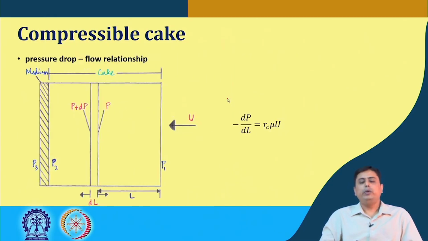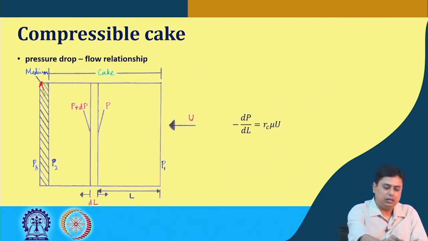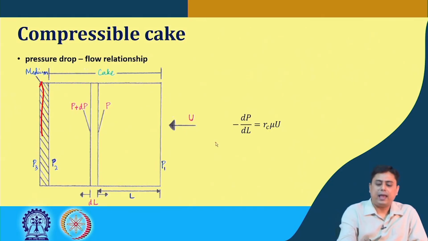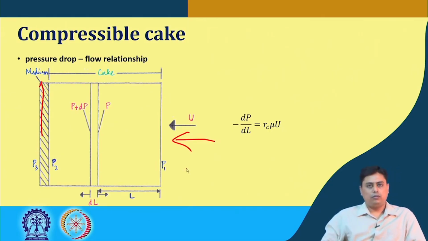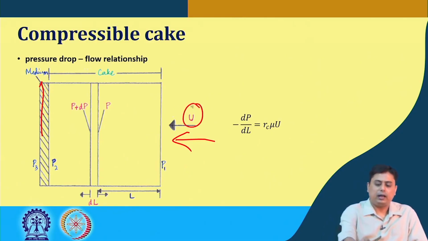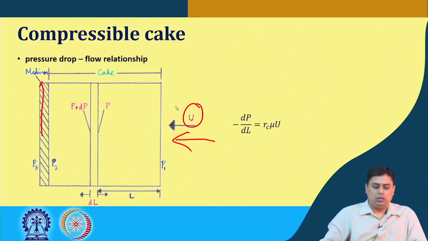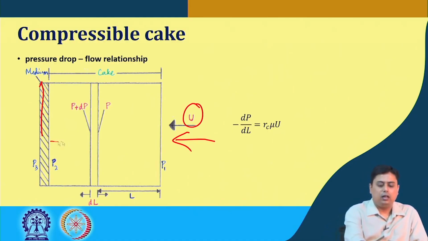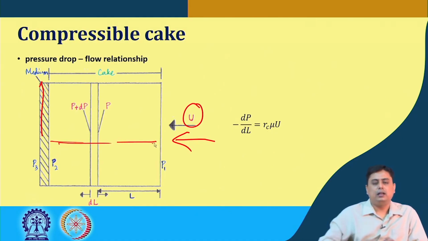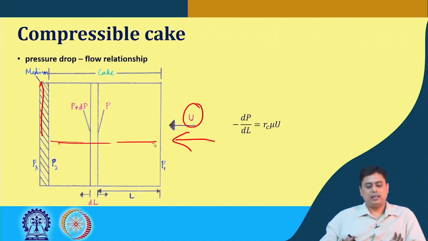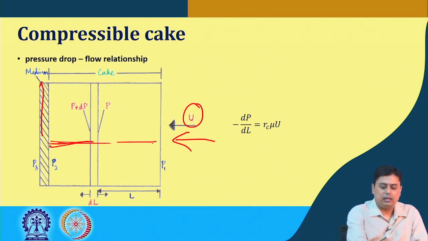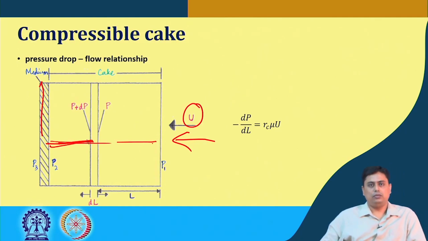So, let us say we have a filter medium which is the shaded part. The flow is happening from the right side to the left side, at a velocity u. Let us say this is the thickness of the cake that has been deposited, and this is the upstream surface of the cake.